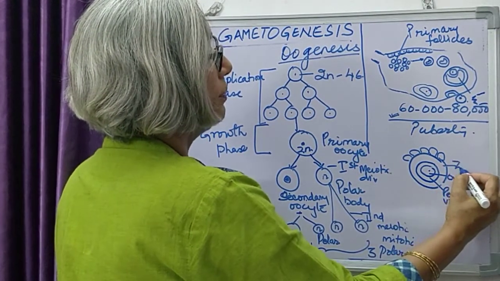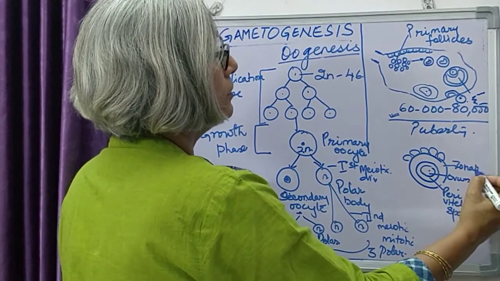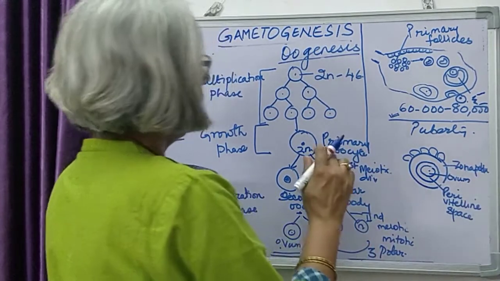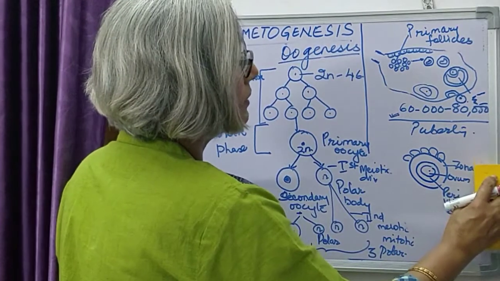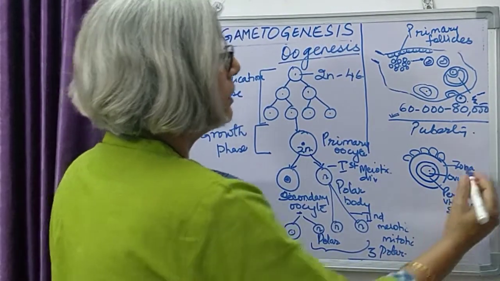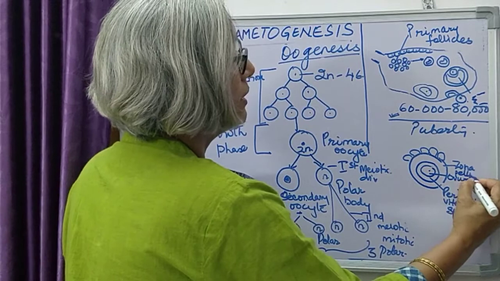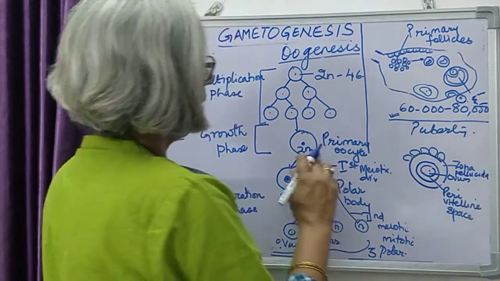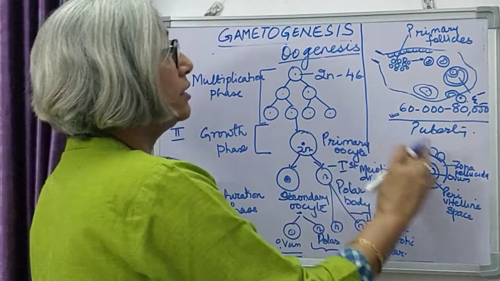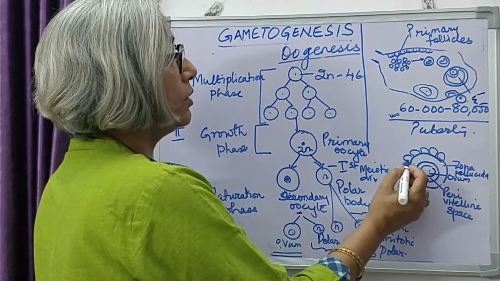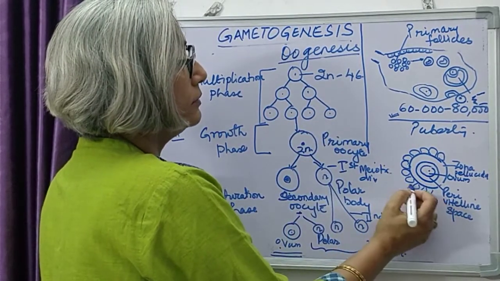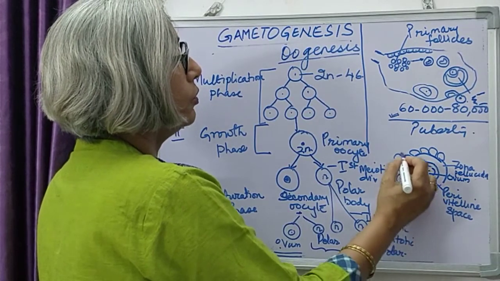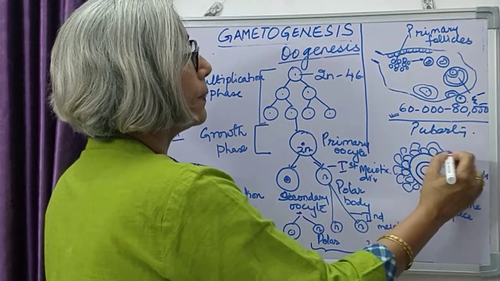This is zona pellucida, which is formed by the primary oocyte and the other follicle cells that were surrounding the primary oocyte, and this is called corona radiata.